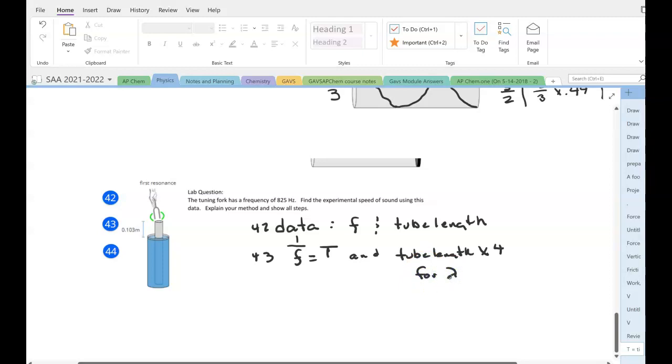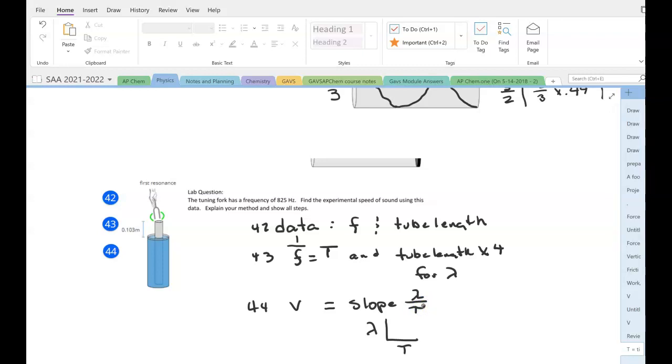Why did you want that? Because number 44 says how to find the speed of sound. 44, how do you get velocity? You get that from the slope of a graph that has wavelength versus period, and we did these twice in class. So you would have the slope, which would be wavelength divided by period, so that you could find out the speed. I hope this helps you when you look back at your test.